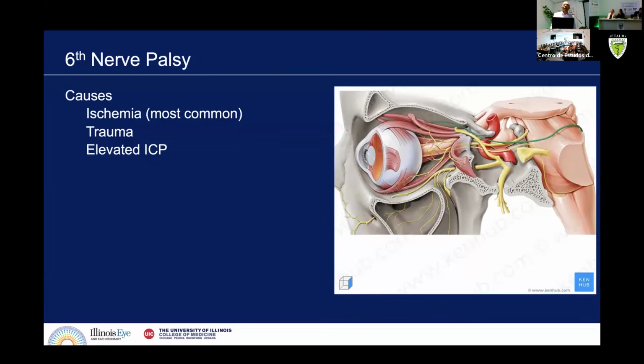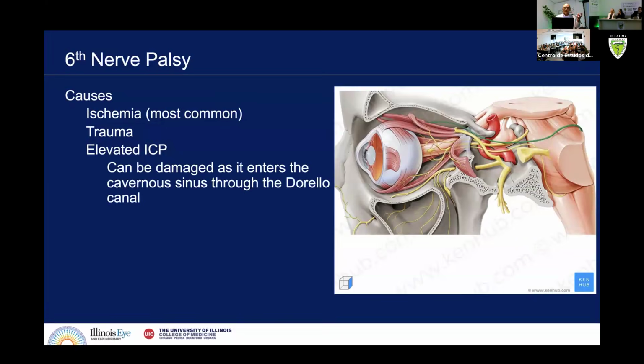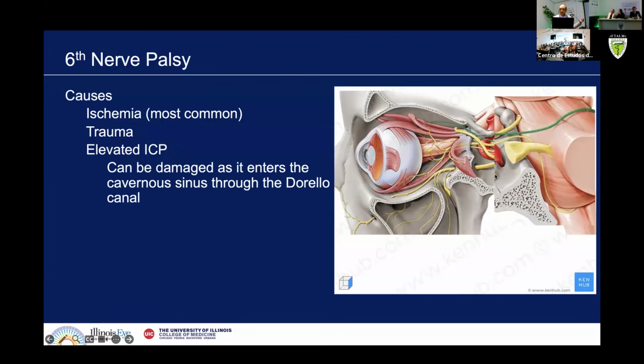A quick word about how these patients get double vision. It's a very specific type of double vision that's a horizontal one related to 6th nerve palsies. As the pressures in the brain change, you can get tethering of the 6th nerve. And so in this little diagram, you can see the 6th nerve comes out from the anterior part of the brainstem, turns 90 degrees, goes cephalad, and then turns another 90 degrees to enter through Dorello's canal into the cavernous sinus.